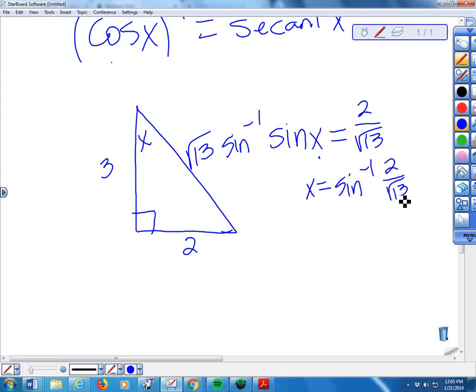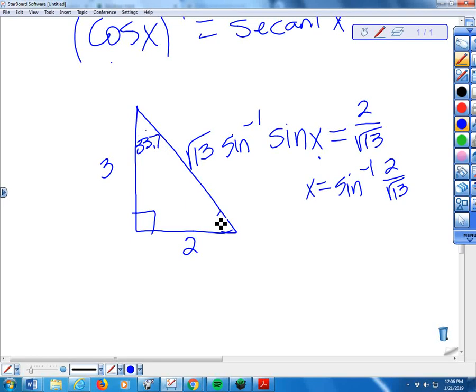So everybody try finding inverse sine of 2 over square root of 13 in your calculator. What'd you get? 33.7. Yeah, 33.7. Okay. Now I know this is 33.7.